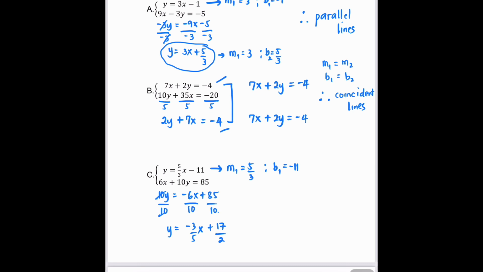So 85 and 10 can be divided by 5, so it's going to become 17 over 2. From here, that's already in slope-intercept form. You've got the slope of the second line as negative 3 over 5, and the b value of the second equation is 17 over 2.